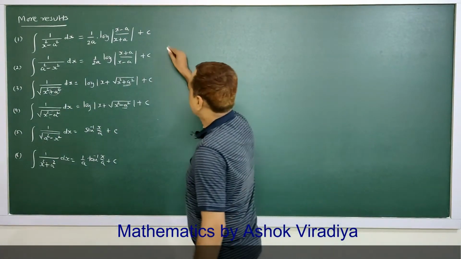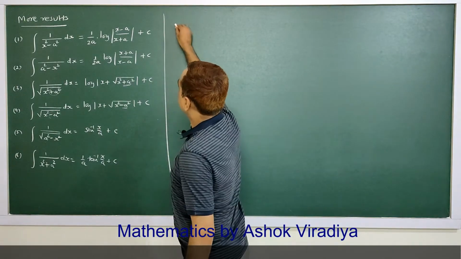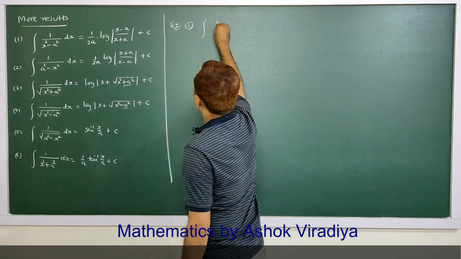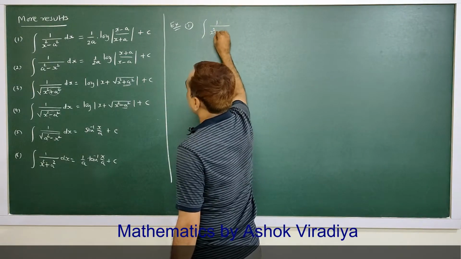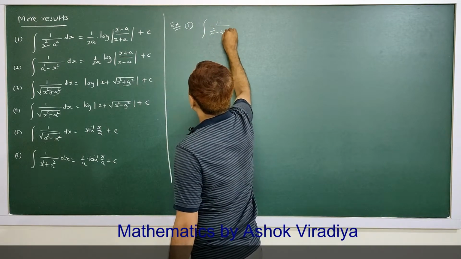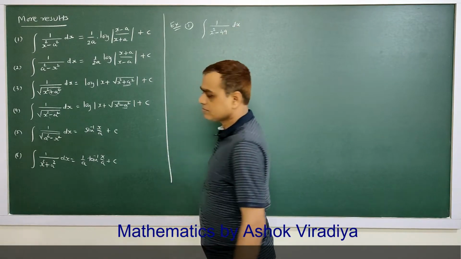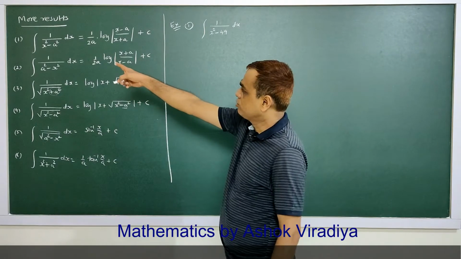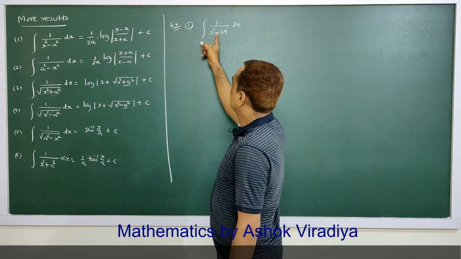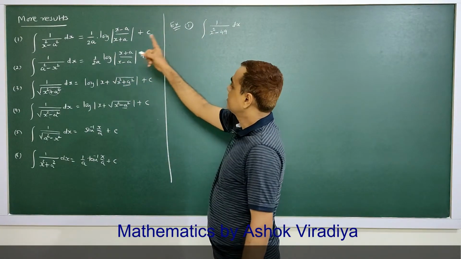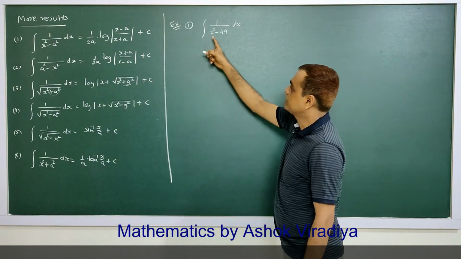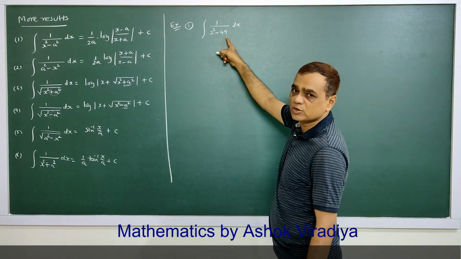To understand this formula, here I am taking short questions. Suppose we want 1 upon x square minus 49. So if you observe and compare this with first result, it can be matched with 1 upon x square minus a square.